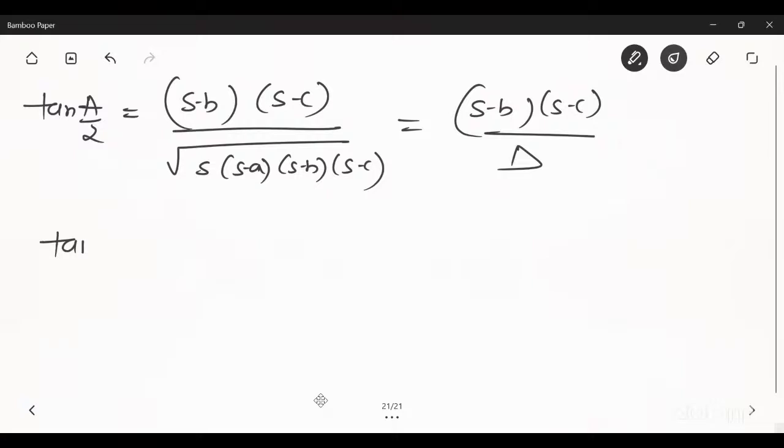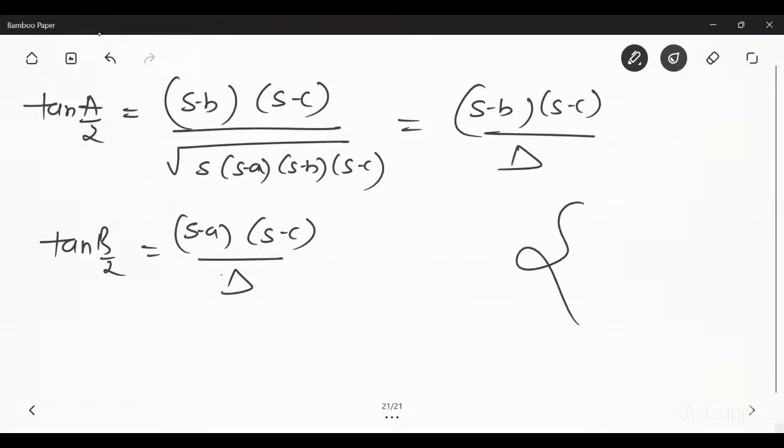Similarly, you can find tan B/2. Now remember the formula, how you can remember: in tan A/2, A is not taken, rather the two sides will be minus, that means B and C, and upon delta will come. So the formula of tan B/2 is (S minus A)(S minus C) upon delta, where delta is equal to under root of S(S minus A)(S minus B)(S minus C).